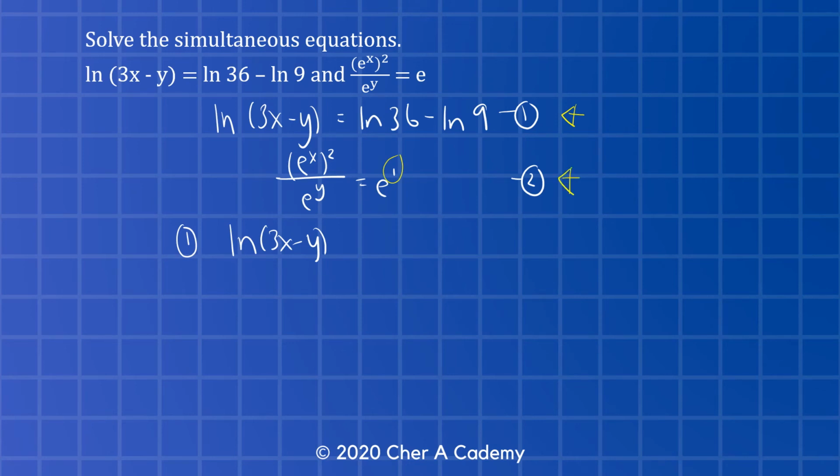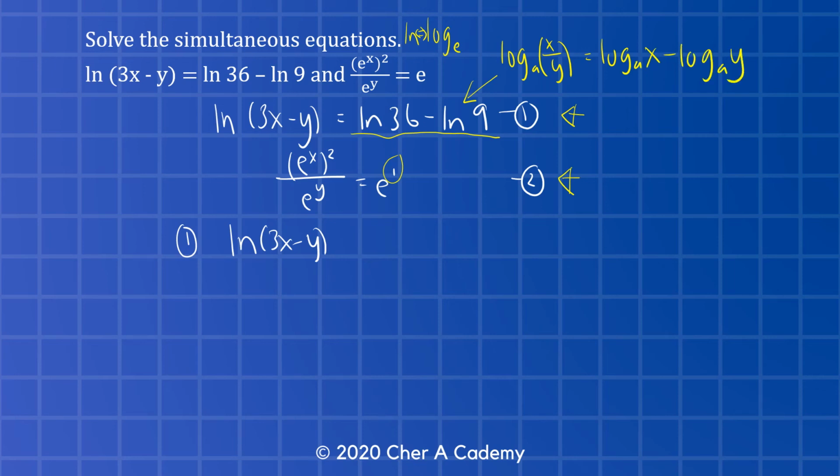So I'm going to simplify the first equation first. Let's look at this here. They have the same log, same base, because ln is log base e, right? So this one looks like we can make use of the quotient law. A quick recap: log base a of x over y is equal to log base a x minus log base a y.